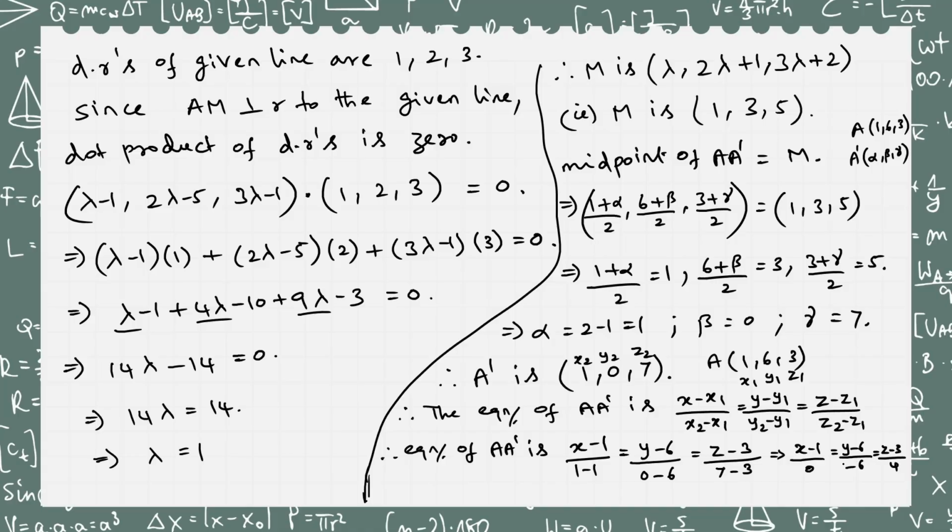Minus 6 and 4 have 2 as a common factor, which is not allowed. So we better divide the full DRs by 2. So we can write this line's equation like x minus 1 by 0 equal to y minus 6 divided by minus 3, because we are dividing by 2, equal to z minus 3 divided by 2. That's the required equation.